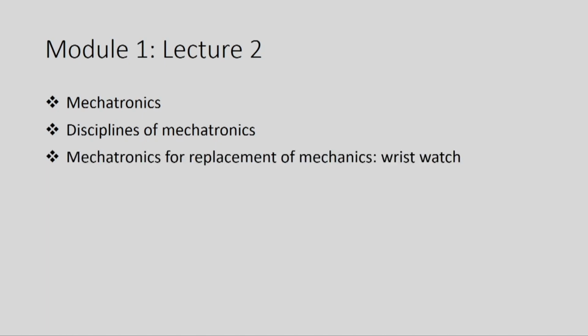Then we will look at the meaning of mechatronics in the perspective of replacement of mechanics. For that purpose we will have a very simple example of a wristwatch. After that, various mechatronics based systems will be introduced to you.